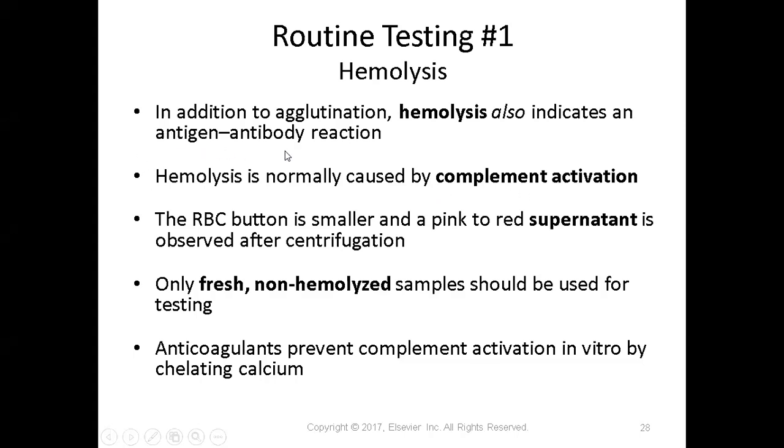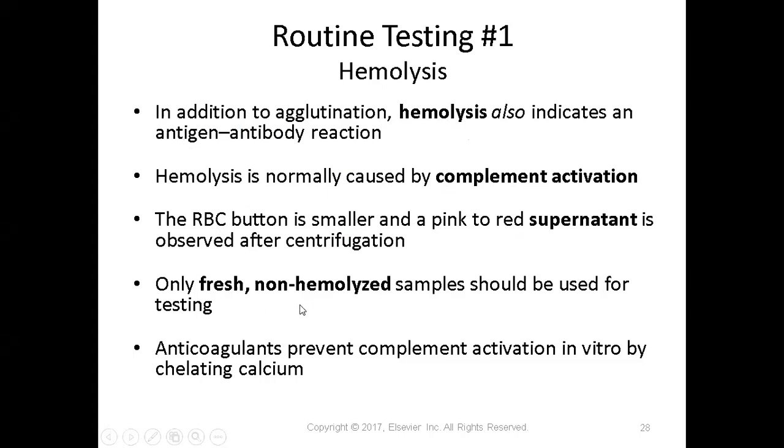The fact that the immune complex formed and complement was activated is what causes the red cells to be hemolyzed. So when we're looking at a tube, for instance, the red cell button is smaller and the background liquid is going to look pink to red because, remember, some of the red cells were destroyed and hemoglobin was released after centrifugation.